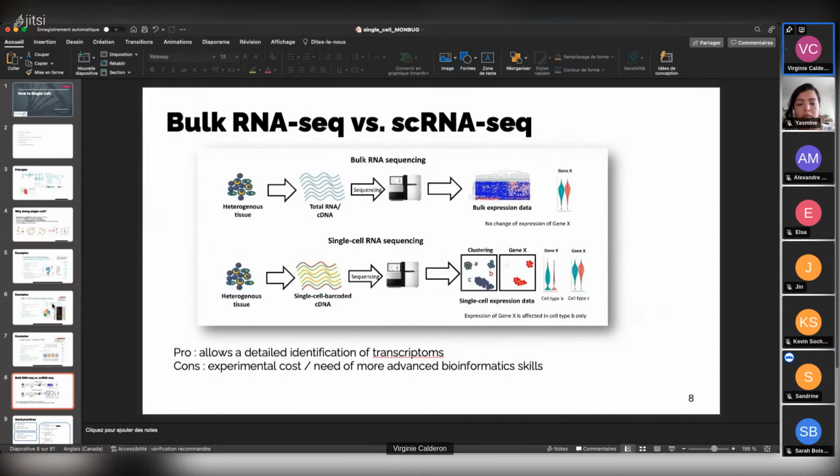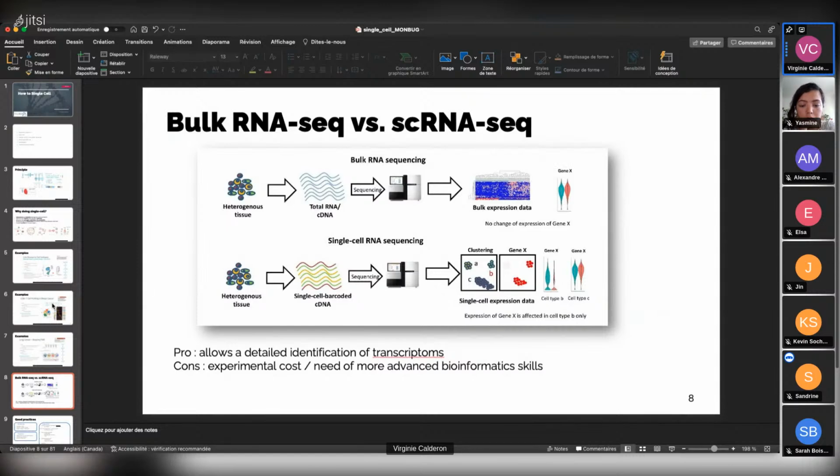Of course, there are advantages to the single cell. Of course, it's the identification of transcriptomes at the cell level, but the con is the experimental cost. For now, it's really expensive, so you are not doing a lot of samples at the same time. So you maybe start with 2 or 3 samples, and you see what you get.